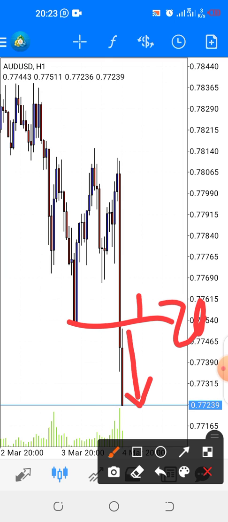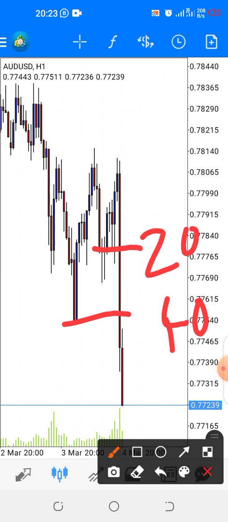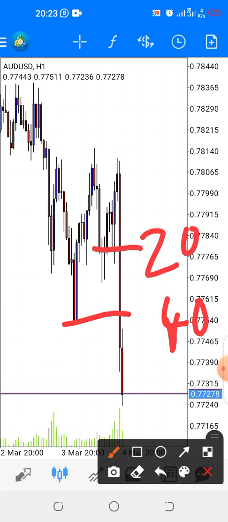So if it surpasses the 20, let's assume this is the 20, the next will be the 40. You do the same thing when it's at 40. If you feel like 40 is a whole long way, you can set the next TP, can even make it 30.